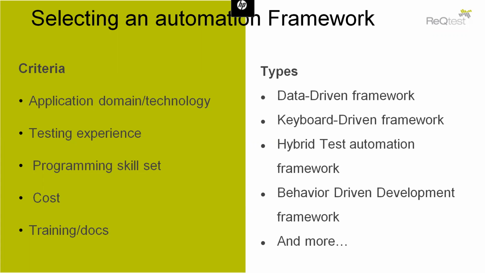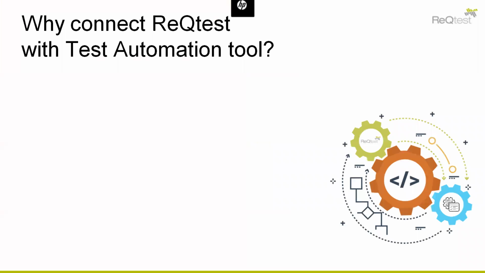So now we have a good understanding of why to go for automation, what should be automated, and the types of automation framework. Now the next question that should come to everyone's mind is why you should connect a test automation tool with ReQtest. As the testing industry is moving towards automation, most of the testing results are available in automation tools. But these tools work as a standalone application to which only a QA or a developer has access.